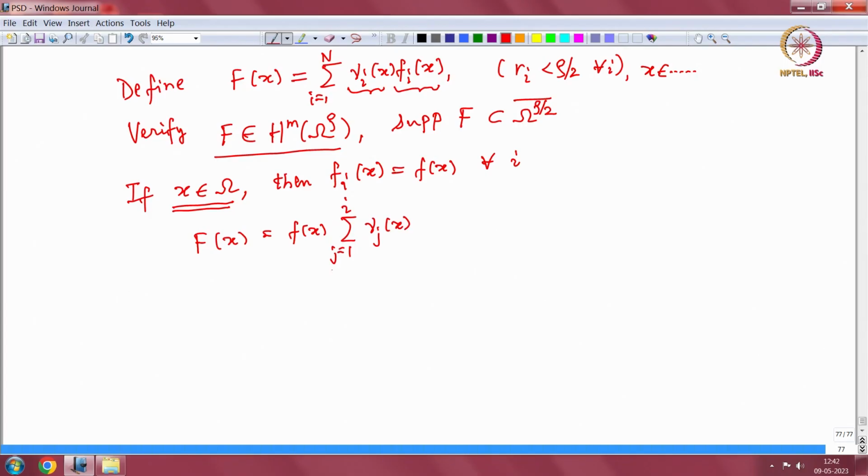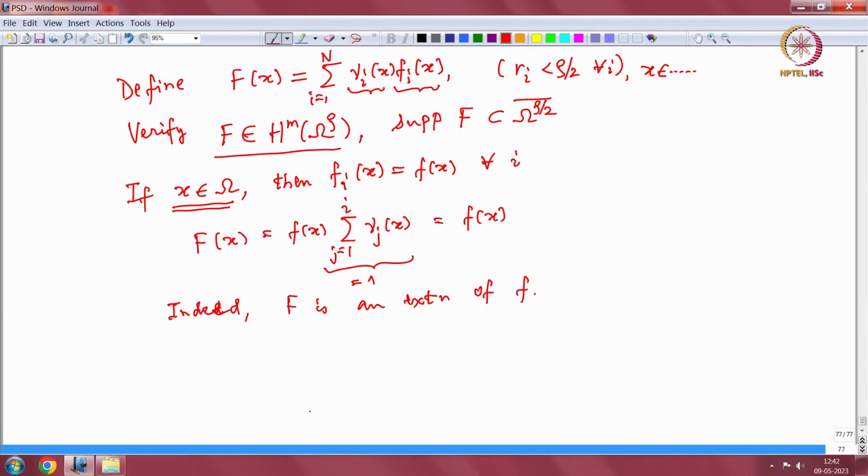We may not need all the terms. But we have seen that this sum is equal to 1. So this is f x. So indeed F is an extension of f.